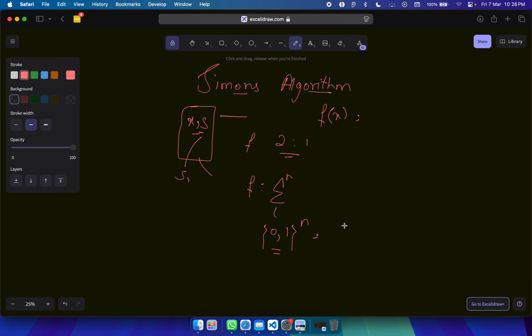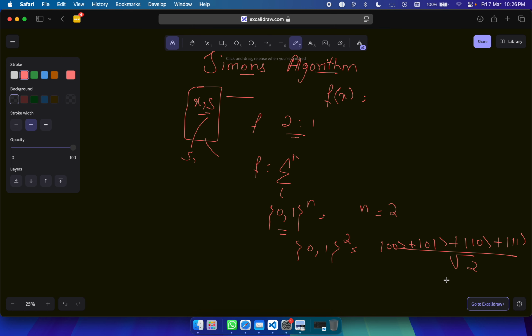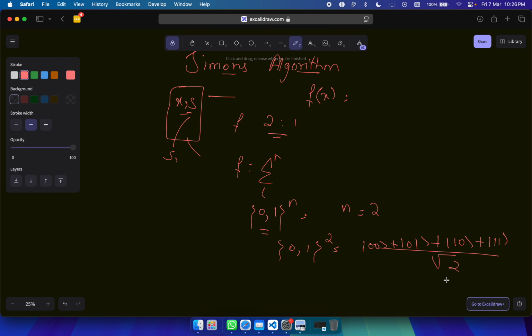And this gives you some kind of a state such as this. Say we say that n equals 2, then this would be 0 0 plus 0 1 plus 1 0 plus 1 1. And you'd know from here that all of these are in equal superposition, right?